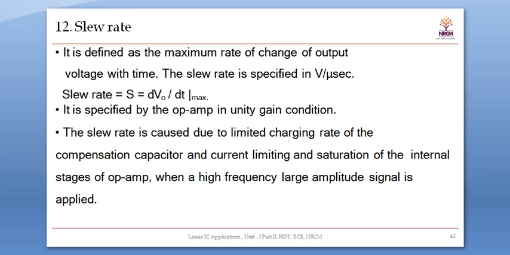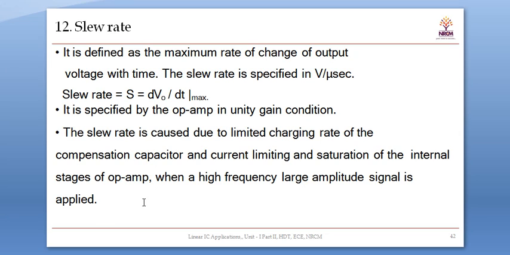Because of the lower slew rate for 741, which is 0.5 volt per microsecond, you cannot use the op-amp in high frequency applications, especially in oscillators, comparators, filters. You cannot use the op-amp in high frequency applications if the slew rate is less.